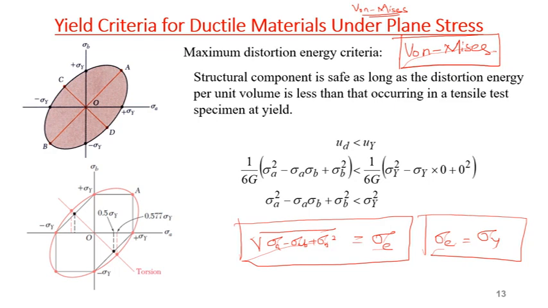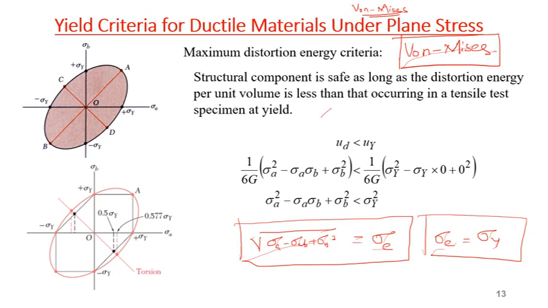Now, according to this criteria, the structural component is safe if the distortion energy per unit volume is less than that occurring in a tensile test specimen at yield. Strain energy density, if you remember, has two components.